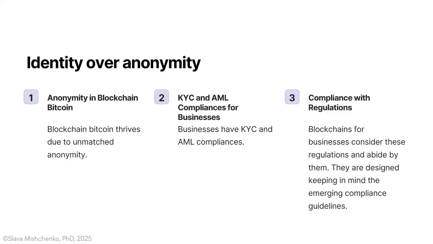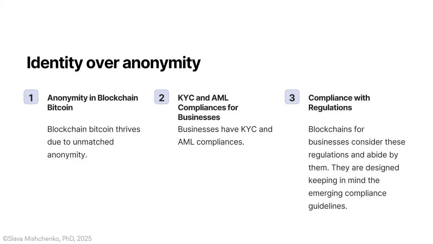And now, on this slide, let me explain another crucial distinction between Bitcoin's blockchain and business blockchains, which is their approach to identity. This is something that I believe fundamentally shapes how these systems operate in practice. When I teach about Bitcoin's blockchain, I always emphasize that one of its core features is anonymity.